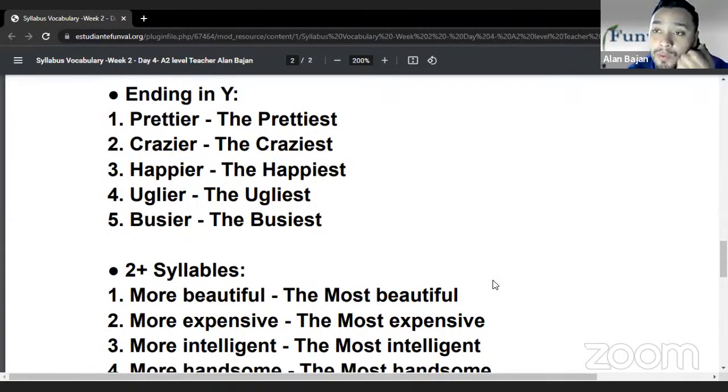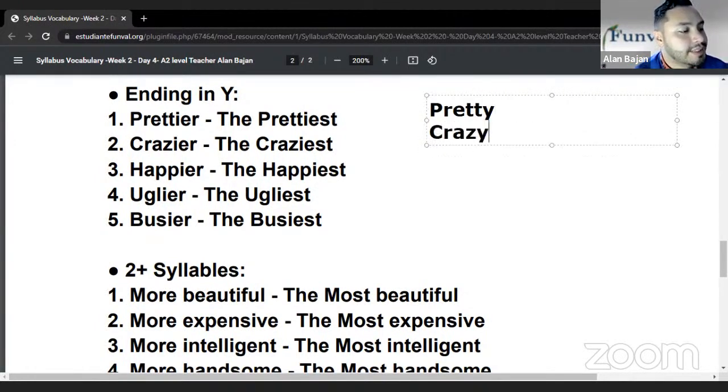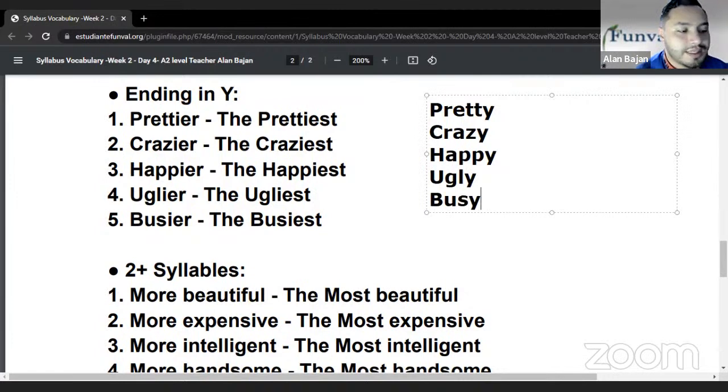Next rule, we have adjectives ending in Y as Yankee, like pretty, crazy, happy, ugly, busy, ending in Y. As you can see, these adjectives are not one syllable.